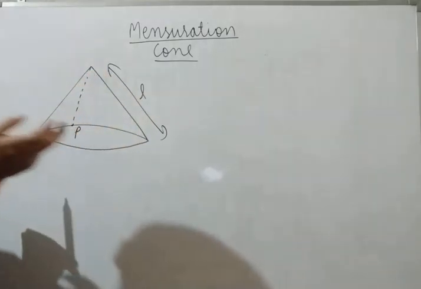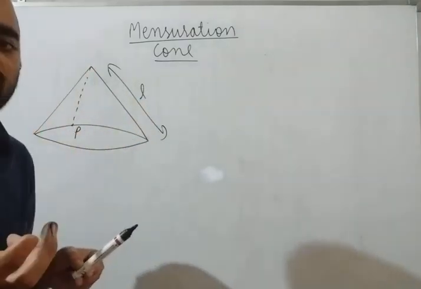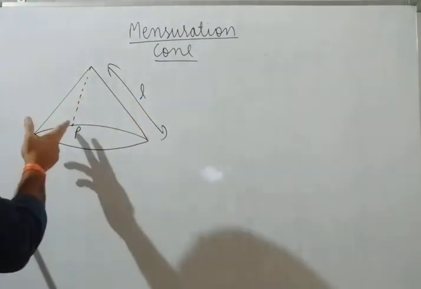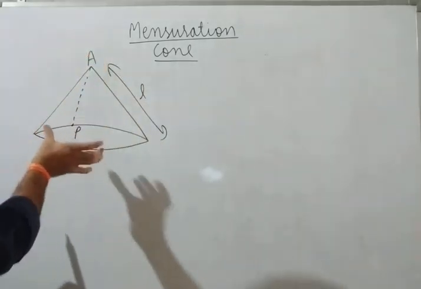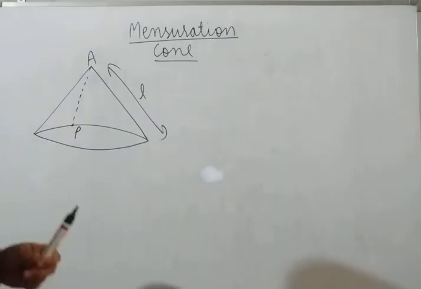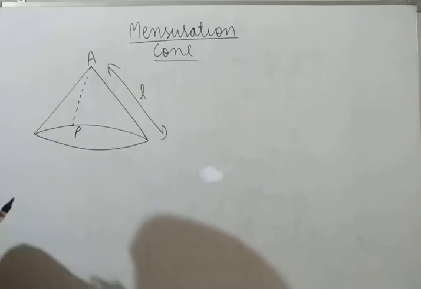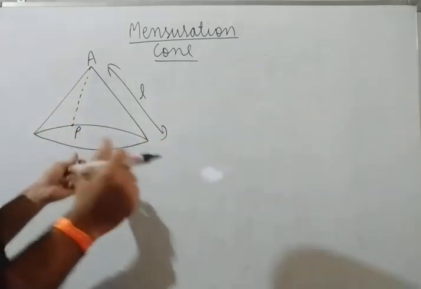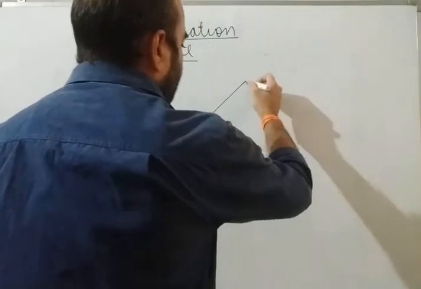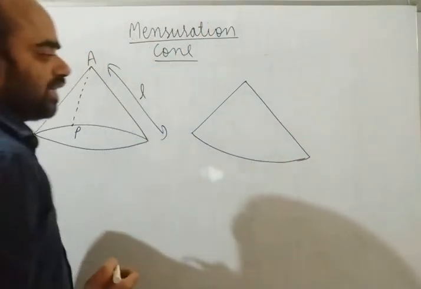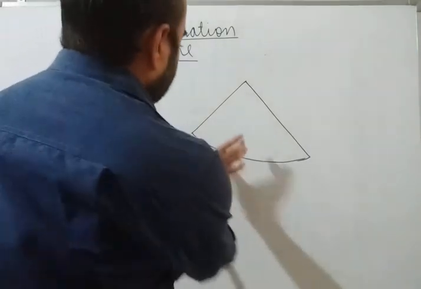Now we are going to cut this cone, suppose it is made of a paper sheet. Suppose this is A. We are going to cut it along AP or TA, and after cutting, when you see, you will obtain what? Actually, we will obtain a sector of a circle every time, correct?